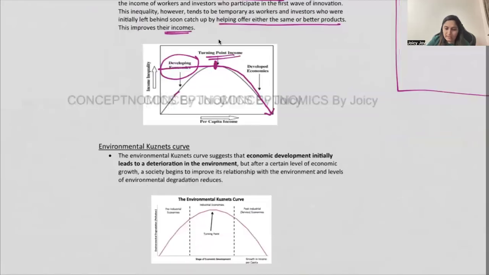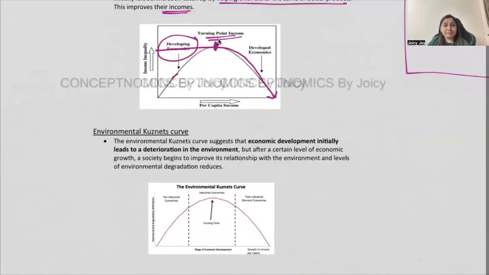Okay. Then another version of this Kuznets curve is the environmental Kuznets curve. It suggests that economic development initially leads to deterioration of the environment. In the first one, we have seen that economic growth leads to inequalities. Instead of inequalities, here the curve discusses environmental deterioration.